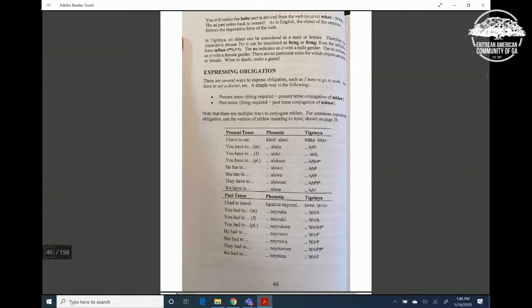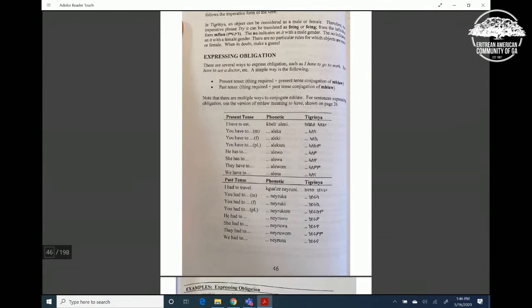Note that there are multiple ways to conjugate ምህላው for sentences expressing obligations. Use the verb ምህላው, meaning to have to. You have to use to before and after to use in the place of must.